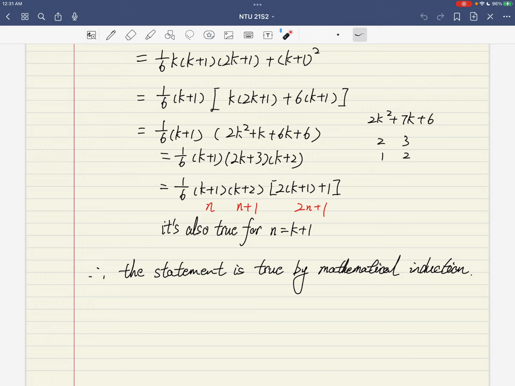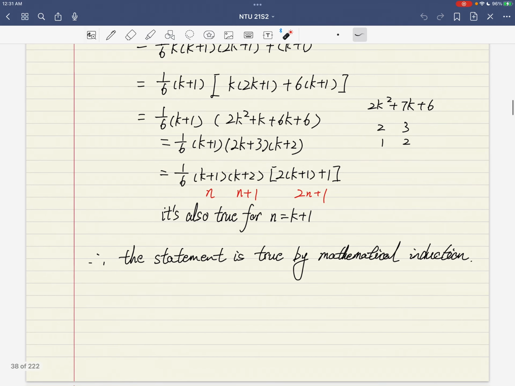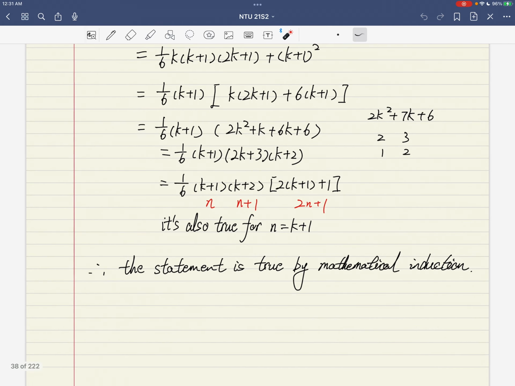Then you just need to do some algebra. You can see that the expression in the bracket can eventually be written as 2k plus 3 times k plus 2.